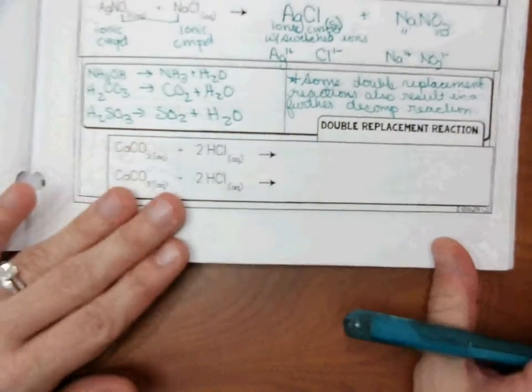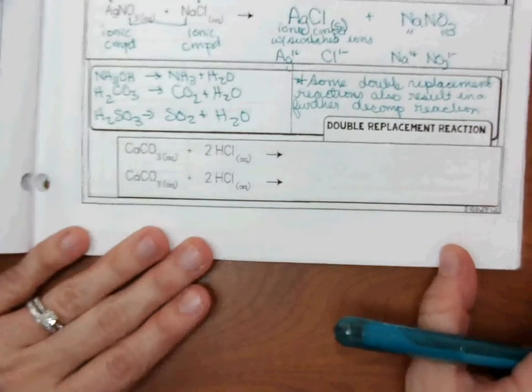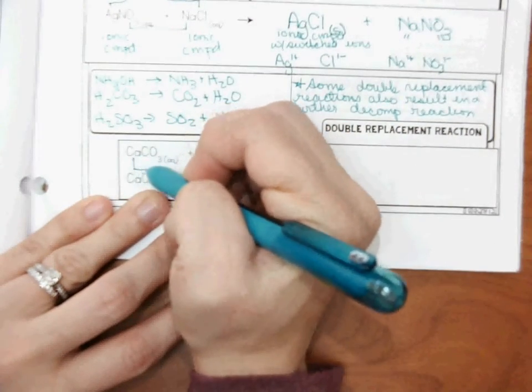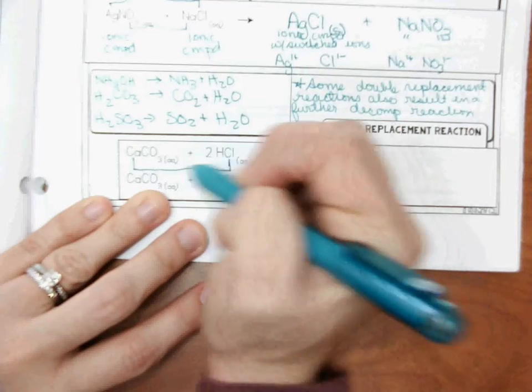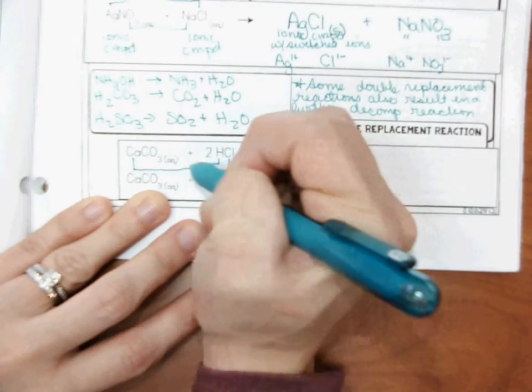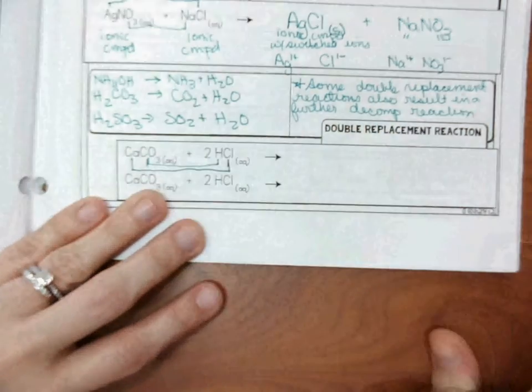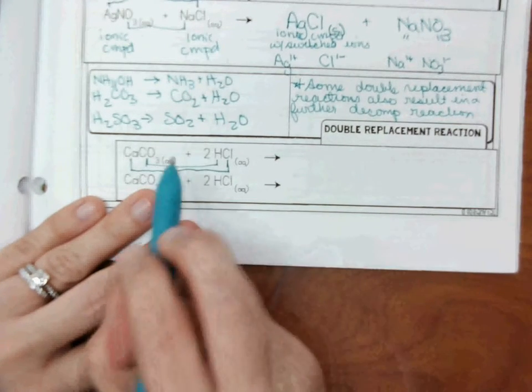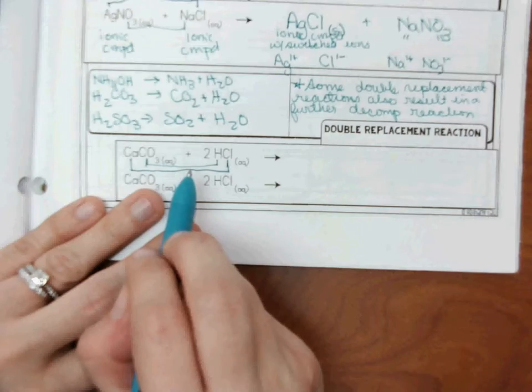All right. So let's do a couple of reactions. We're going to cross, so calcium is going to combine with chlorine, and hydrogen is going to combine with CO3. Okay, and there's two hydrogens.